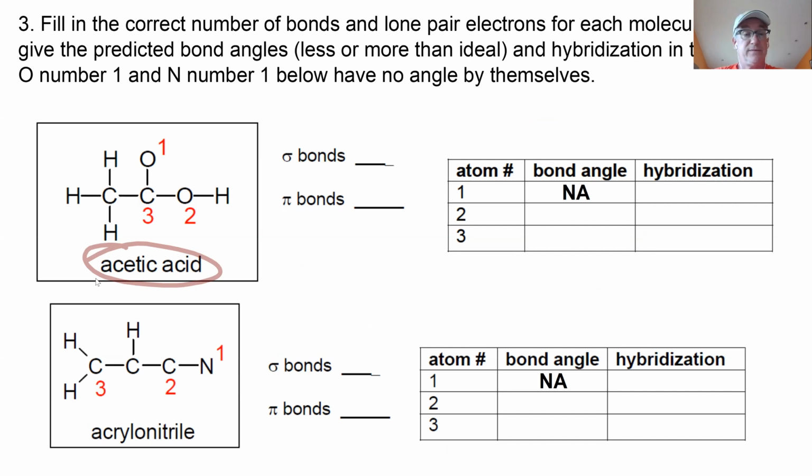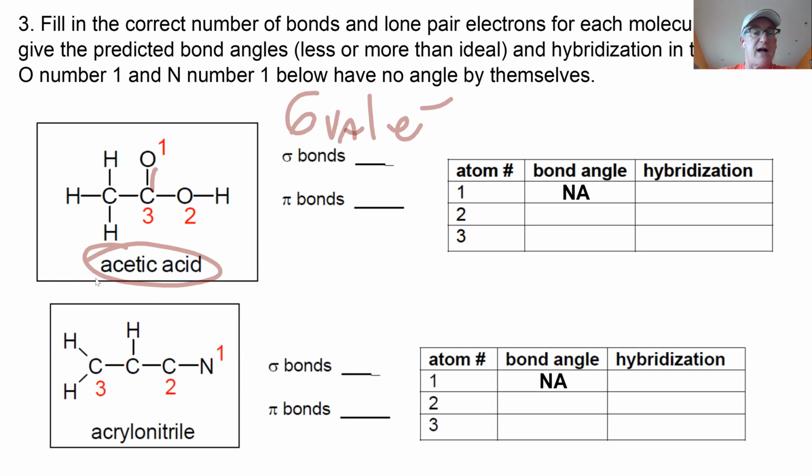Obviously oxygen is going to need some more electrons than it has, because oxygen has 6 valence electrons, right? And carbon has a double bond. So where are we going to find a double bond? Between 3 and 2, or it could be between 3 and 1. Okay, so if we put a double here, that gives carbon 4 valence electrons.